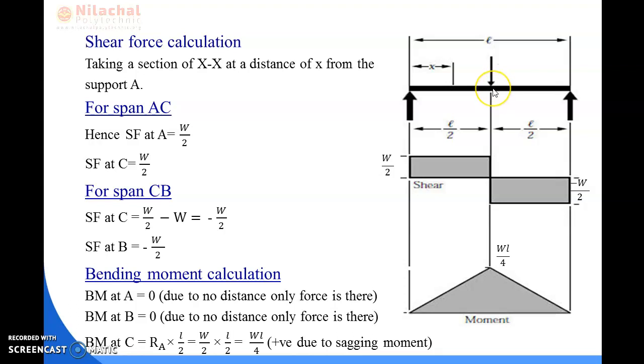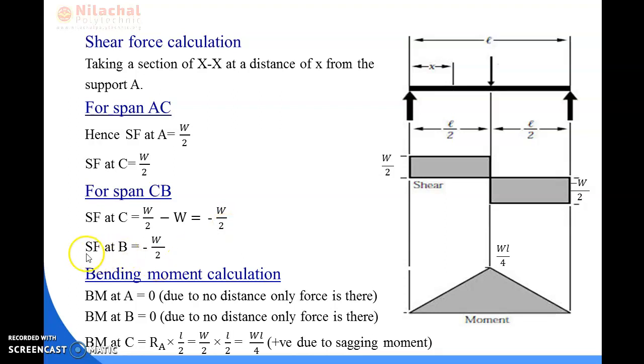Because in case of span CB, if we draw a section here, the loading system is at the left side of the section and downward in direction. So according to the shear force sign, the W value will be negative. So W by 2 minus W gives the value of shear force at C, which is minus W by 2.